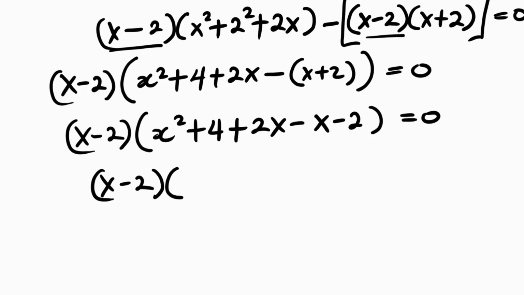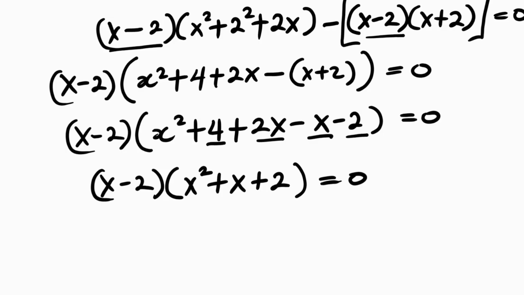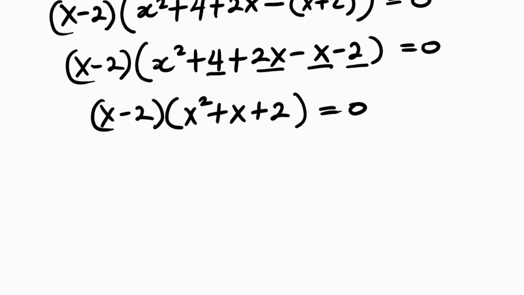So this becomes x^2. 2x minus x will give us plus x. 4 minus 2 will give us positive 2 equals 0. So now we have two equations, right?